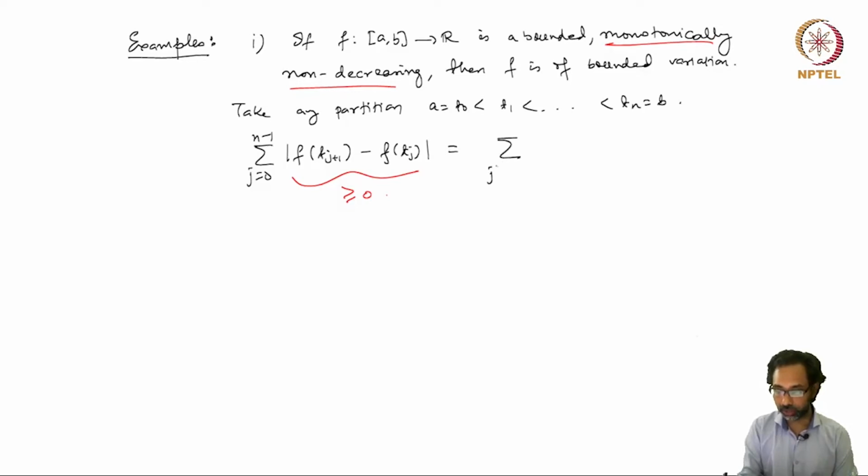sign. So this is nothing but the sum j equal to 0 to n minus 1 of f(t_{j+1}) minus f(t_j).